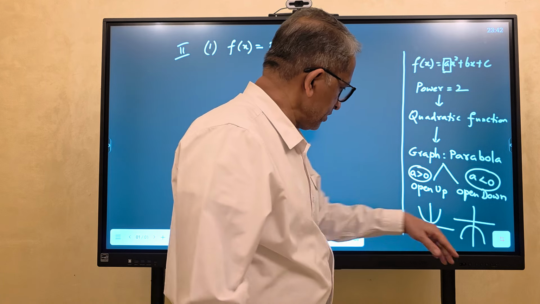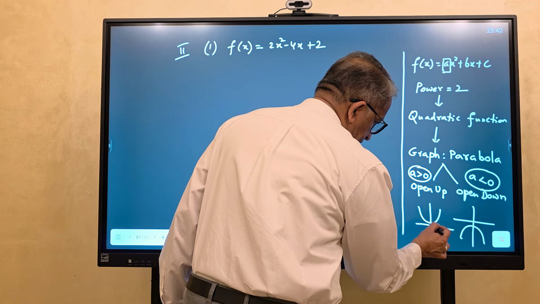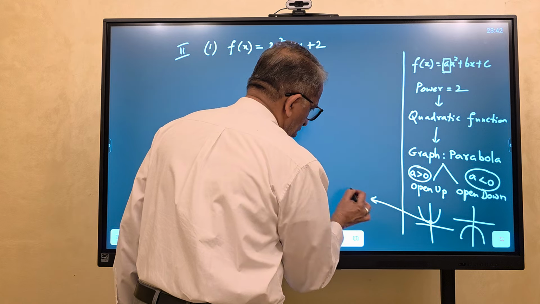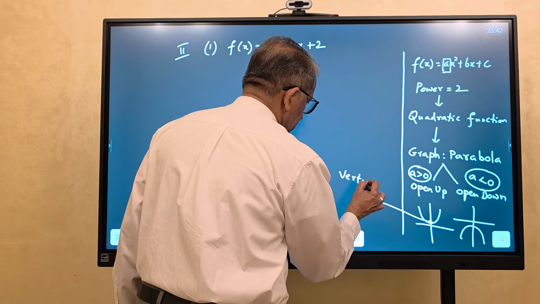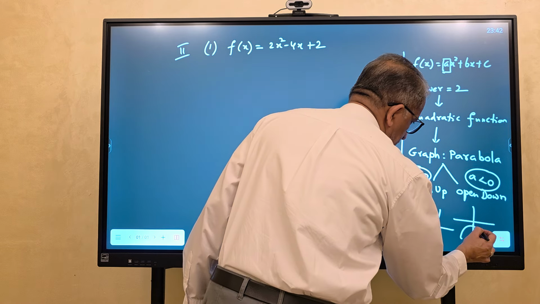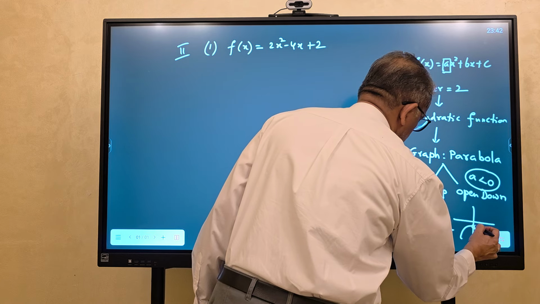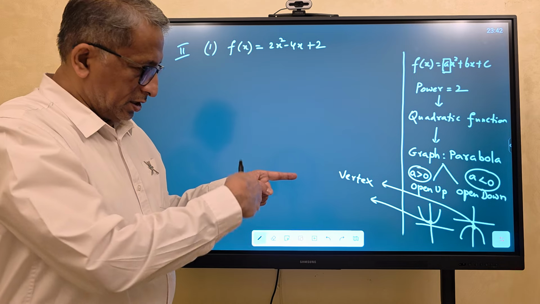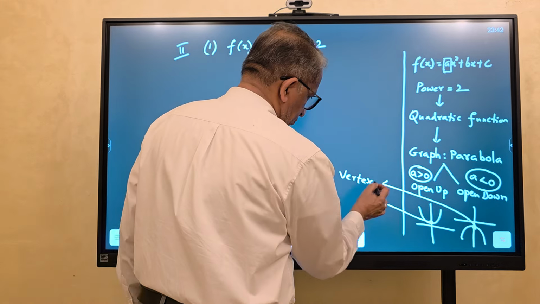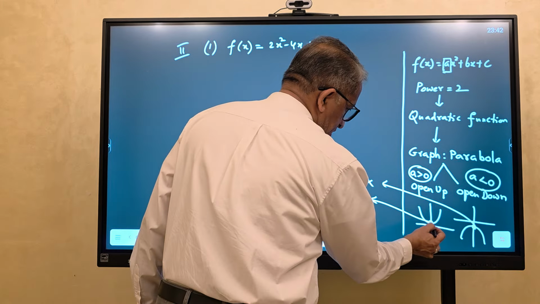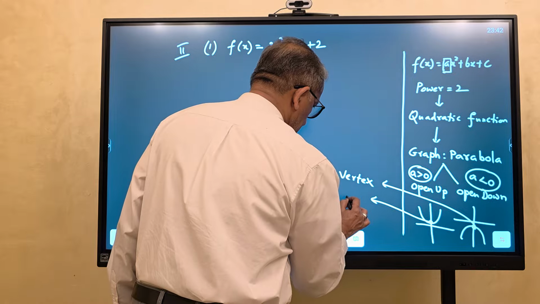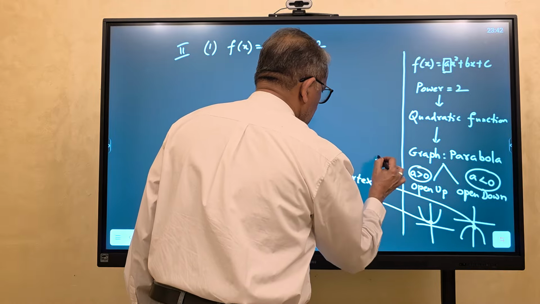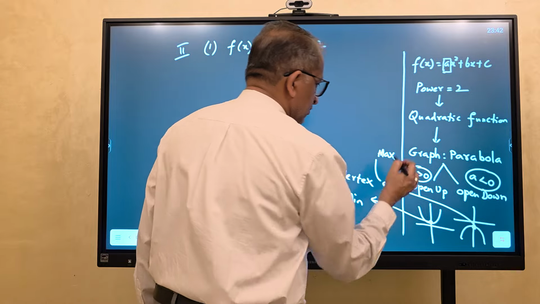So when it happens like this, please remember this point. This point is called the vertex. And this point is also called the vertex. Both are vertices. But this vertex is called the minimum and this vertex is called the maximum.